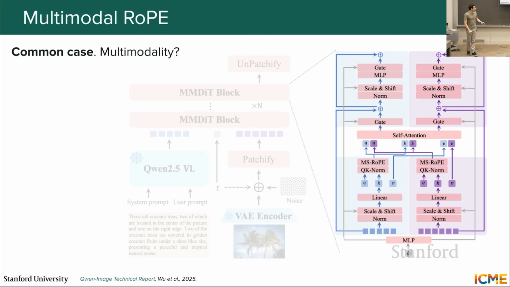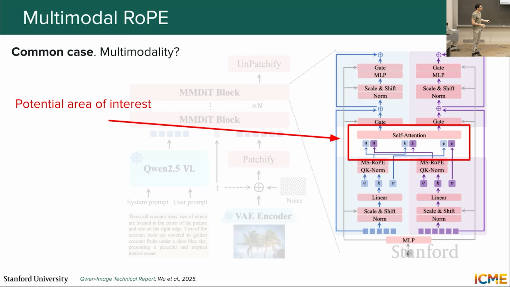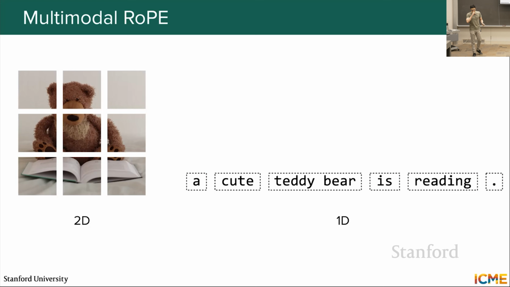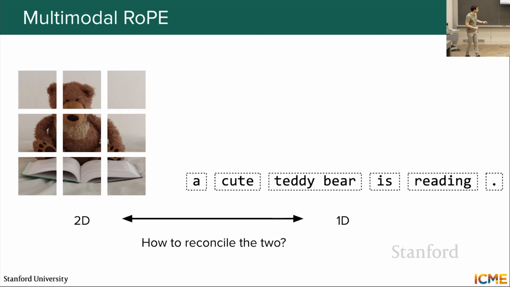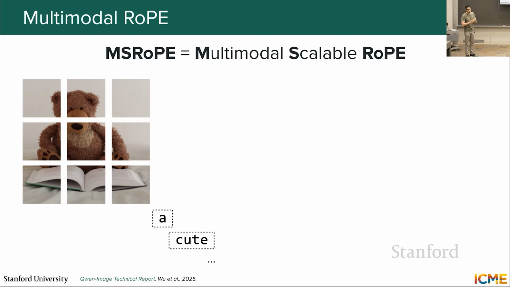And one thing that you might wonder, given Afshine's description of MM-DiT models, for example, those that perform joint attention: you have these points in the architecture where you might have text tokens interacting with image tokens. So one question you might ask yourself is how to quantify the position of one with respect to the other. And by thinking about this, one thing you might want to think about is what wouldn't work.